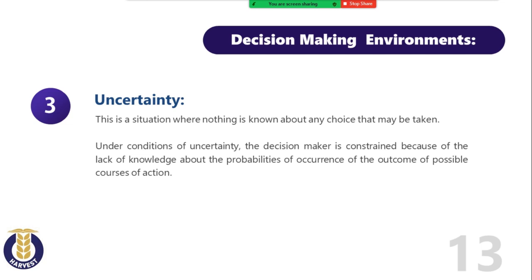Outcomes are not known. Payoffs not known. Not even probabilities of occurrence can be estimated with a certain degree of accuracy. So these are the environments we operate in: the environment of certainty, the environment of risk, and the environment of uncertainty.